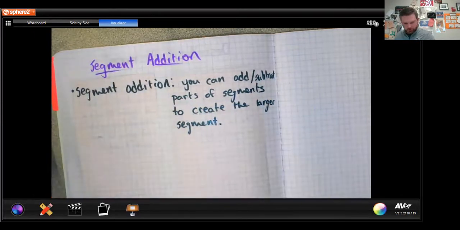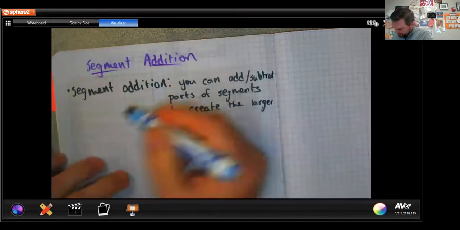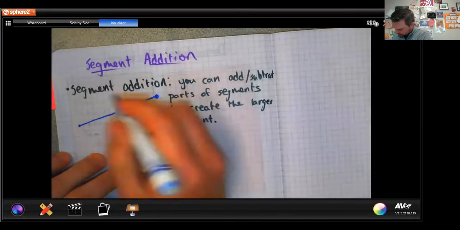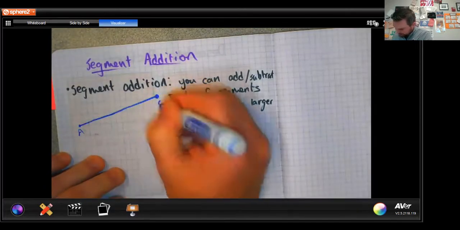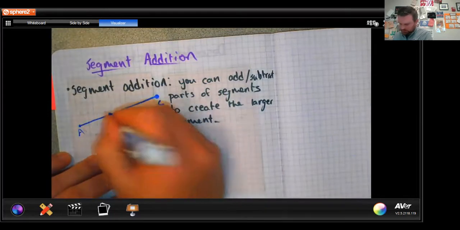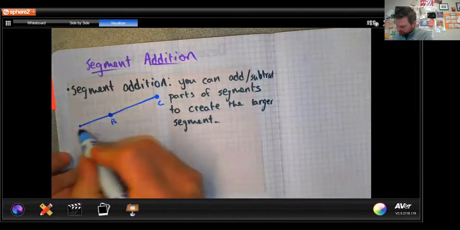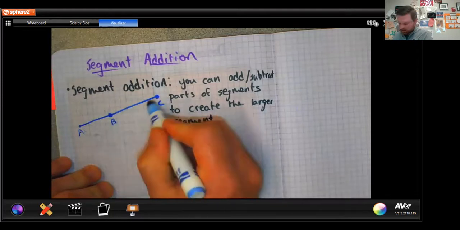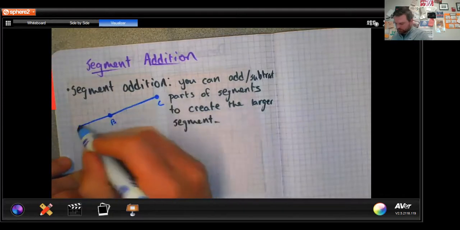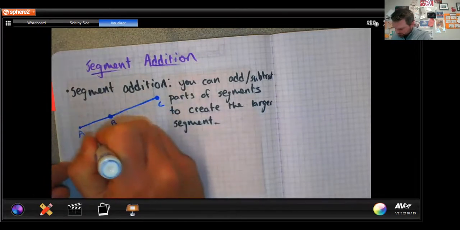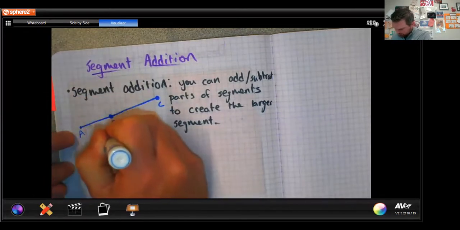Okay, so let me draw a picture here of what that looks like. So let's say we have a segment. We'll call that segment AC. And there's some point in between those two, we'll call it B. So here I actually have three segments. I have this short one, I have this middle-sized one, and I have the really big one. Well, segment addition says that you can take this small one right here, so you can take AB segment.